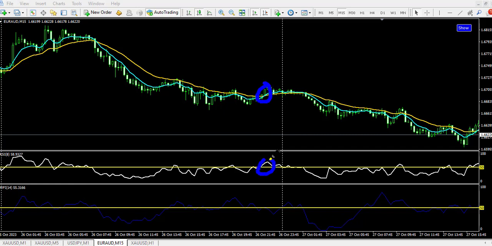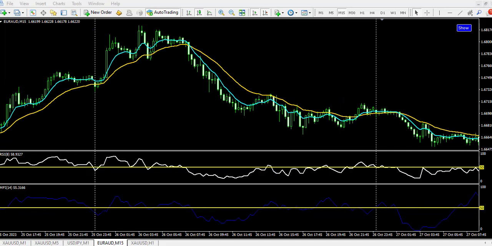RSI is above 50, but the last indicator did not cross above, so this is not a valid signal and it didn't deliver. Here we have a sell signal, cross below 50, cross below 50, a good signal generated here. And this is how to use this indicator.